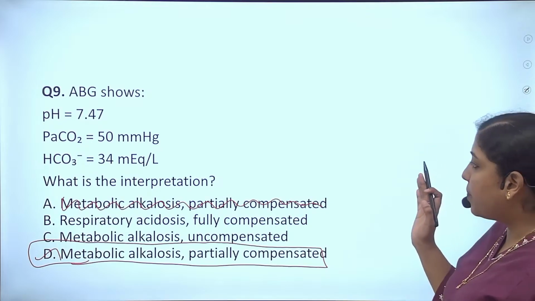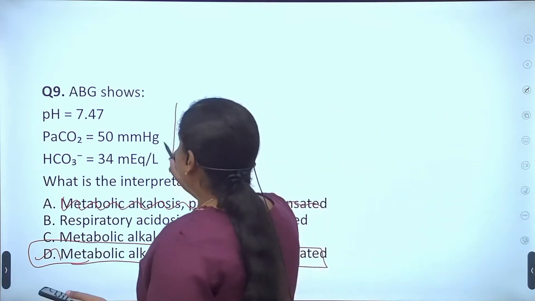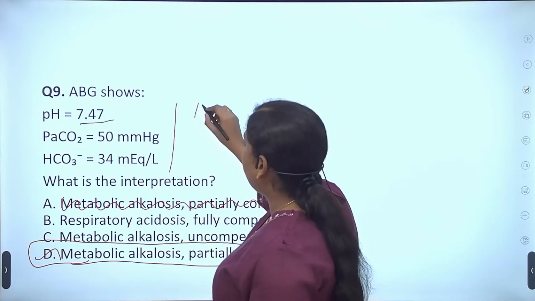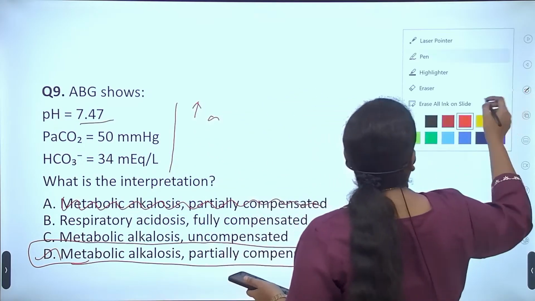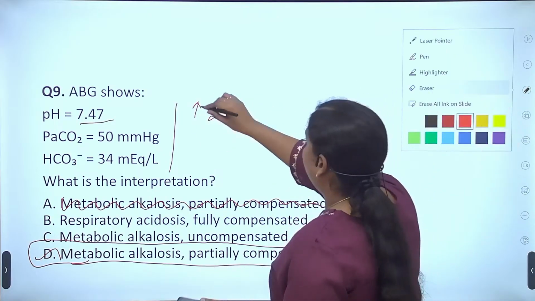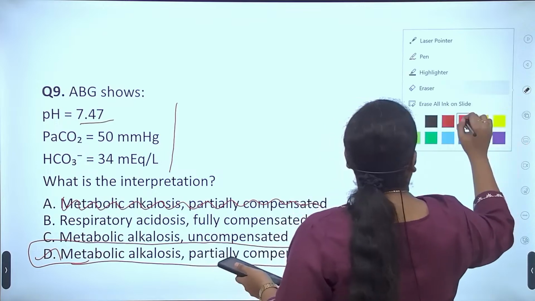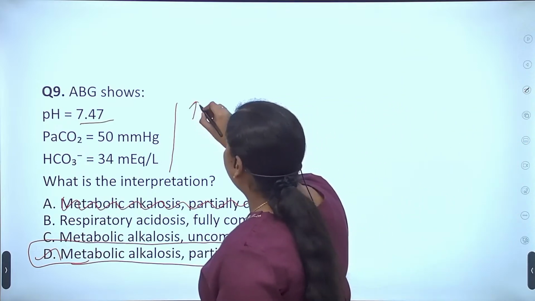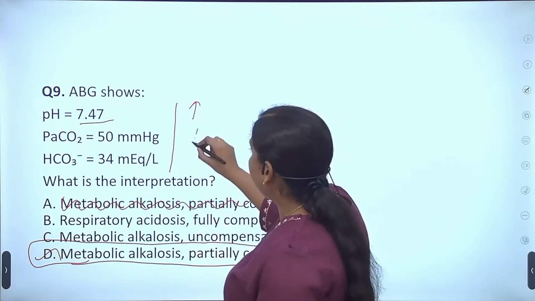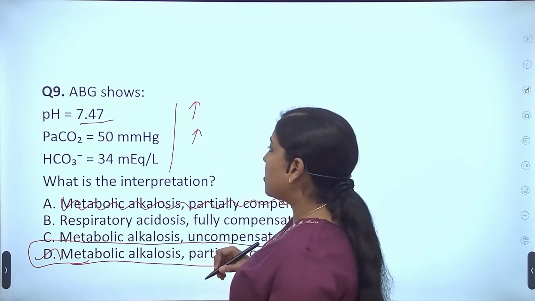See, listen, coming back to our steps. The pH, 7.35 to 7.45, is increased. Then what about your PaCO2, 35 to 45? Again, it is also increased, right?